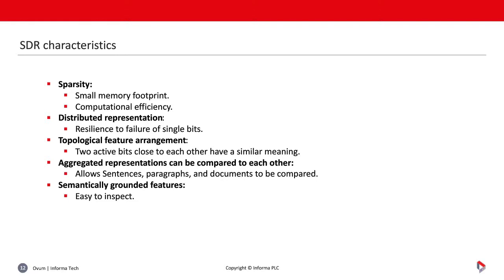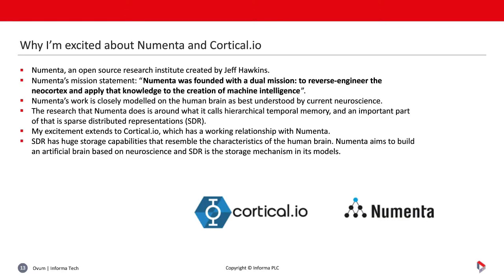So coming back to this question, I've talked about deep neural nets, and I've talked about Cortical's use of SDR, and I mentioned that Cortical's technology is not deep neural nets. Why am I excited? Well, I've been tracking Numenta, an organization that Jeff Hawkins created around 2005.